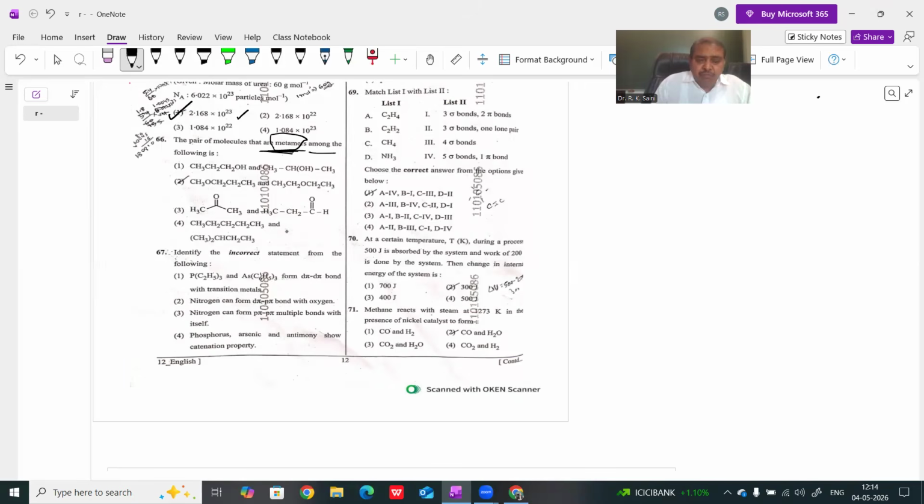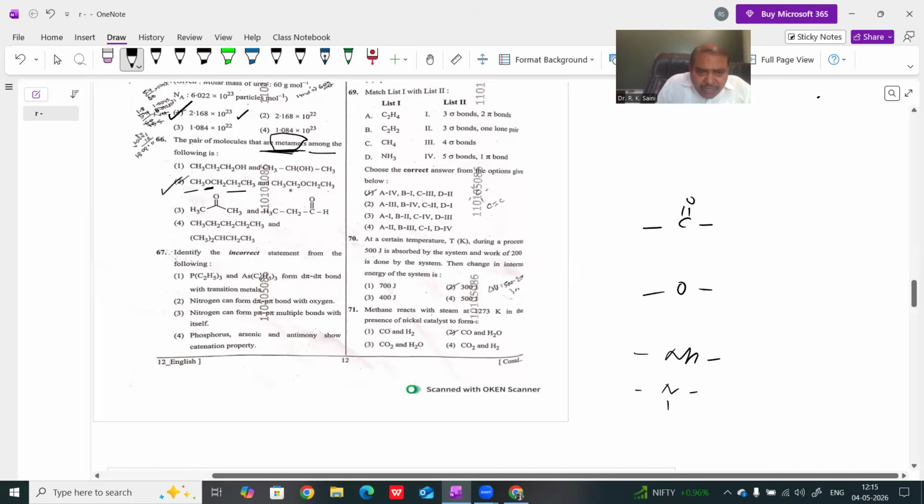It means a polyvalent functional group is there, like in ketone, ether, secondary amine, tertiary amine, etc. Such functional groups show metamerism, and hence the metamerism in this option is shown by the second. In ether, n-propyl methyl ether and ethyl methyl ether are metamers. Okay. Next question.